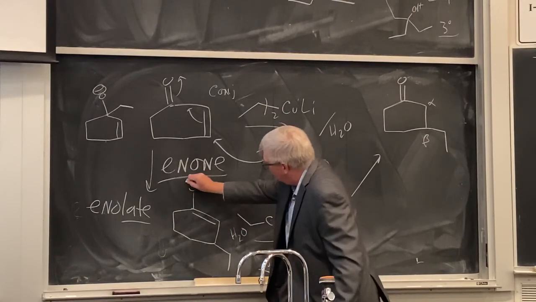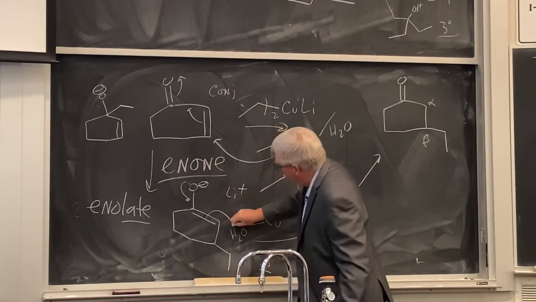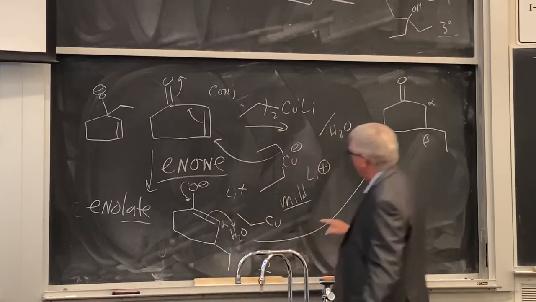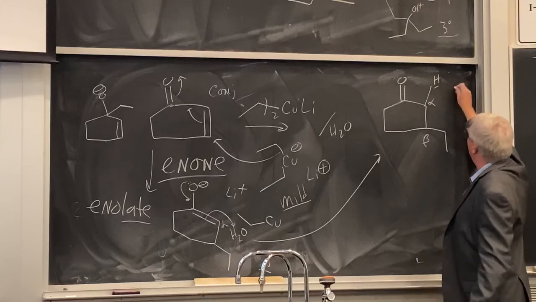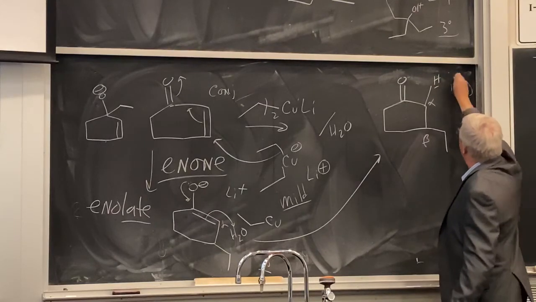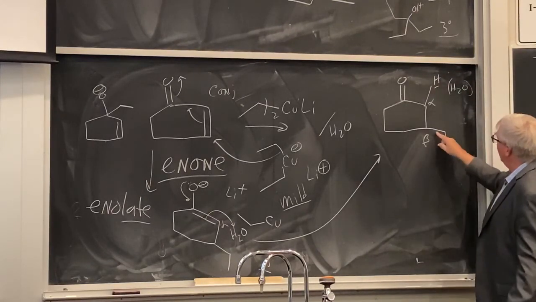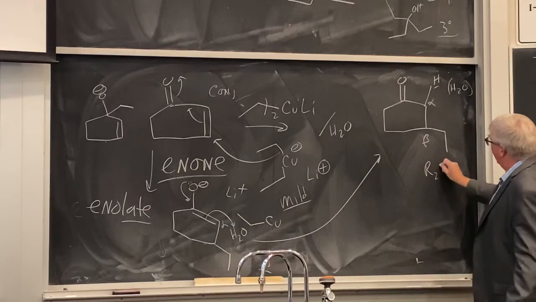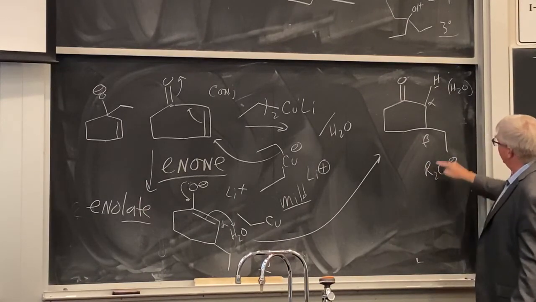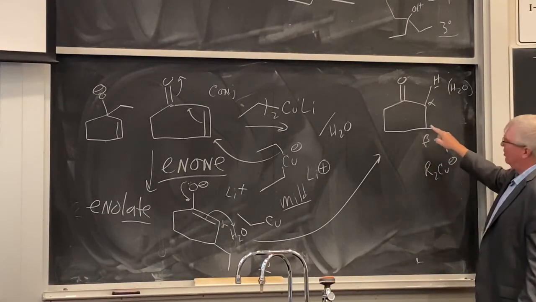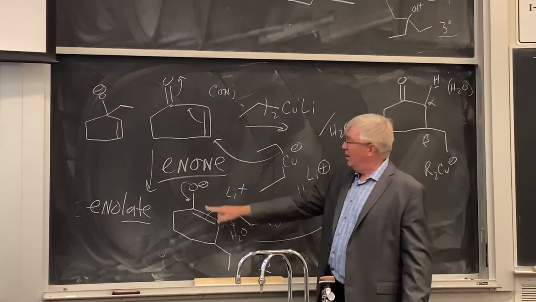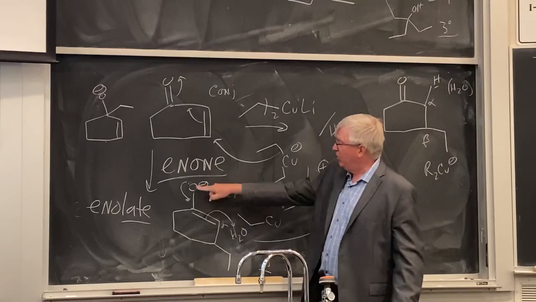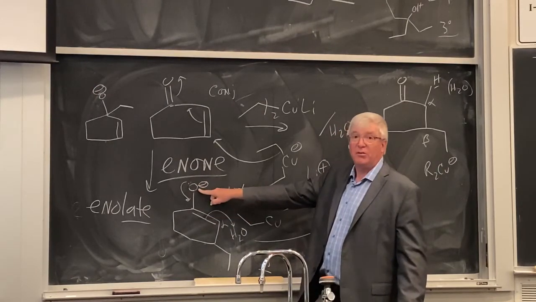Bring the pair of electrons down from oxygen and protonate now at the alpha position. And that will give us the second hydrogen there from water. So you can see the cuprate, the dialkyl copper, delivered one alkyl group to the beta position. We have the lower energy, conjugated, resonance stabilized O minus, being an enolate.